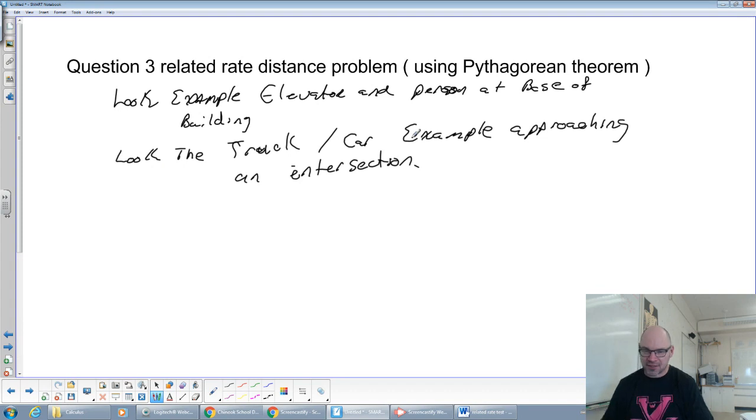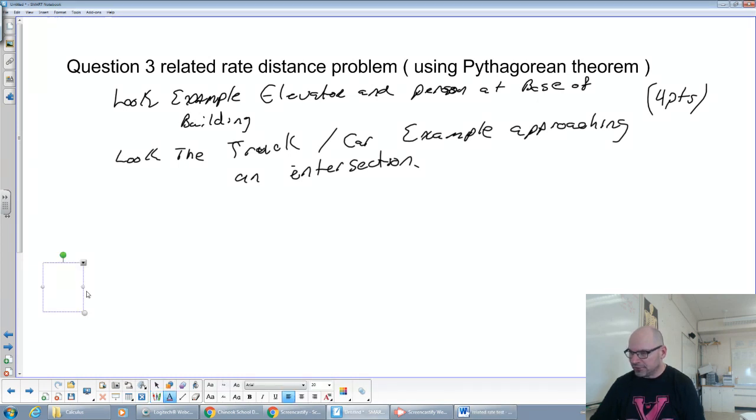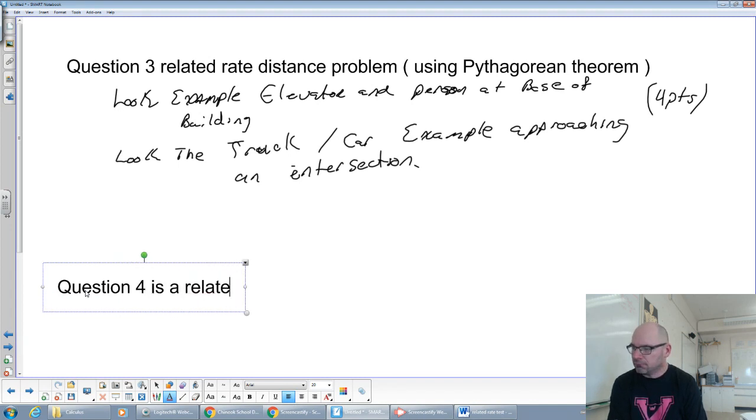So look at those two, and that's going to be worth 4 points as well. Okay, the next one is going to be a cone question, using the cone. And the last one will be a sphere question. So question 4, pardon me, 4 is a related rate cone question.